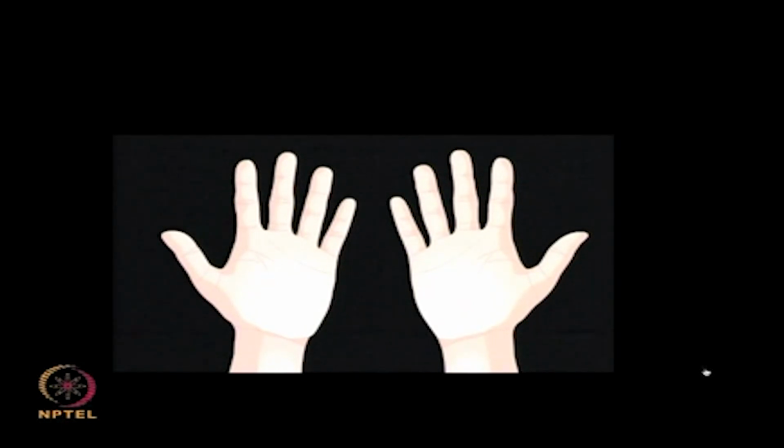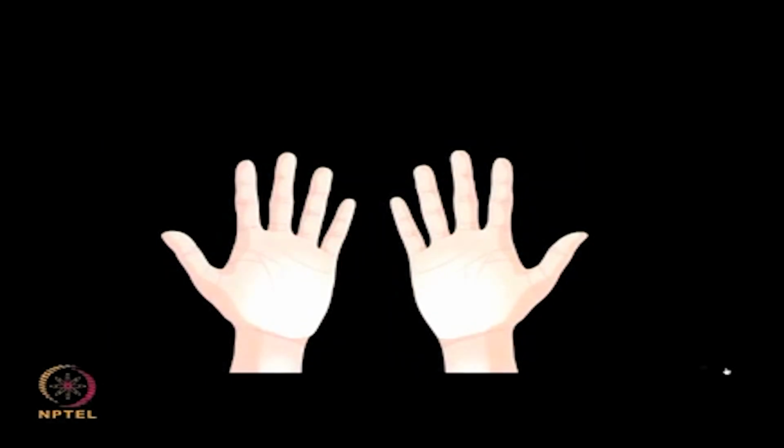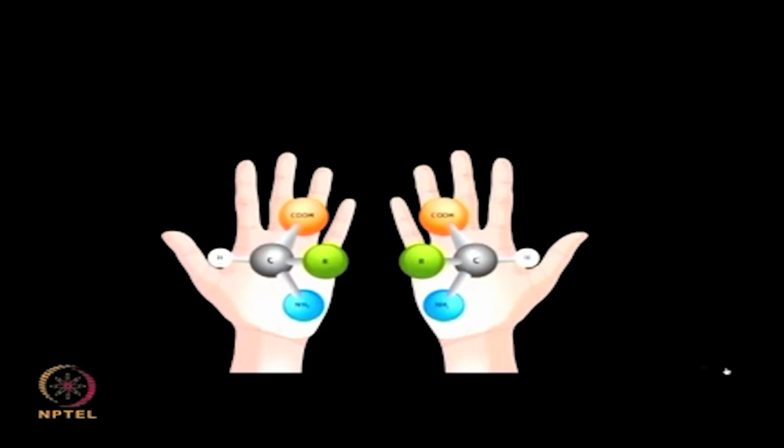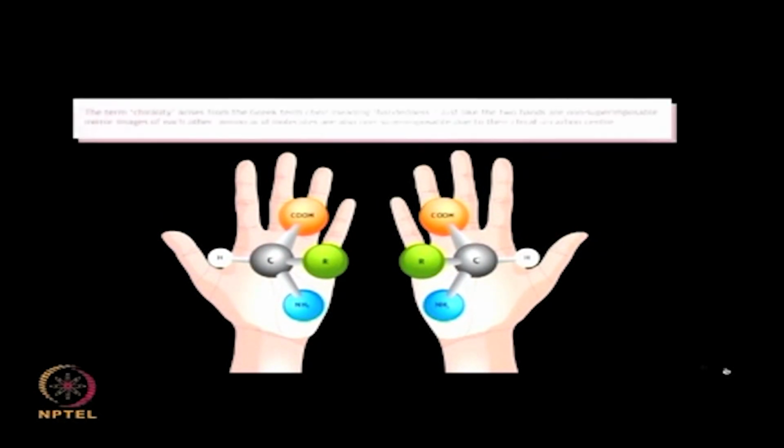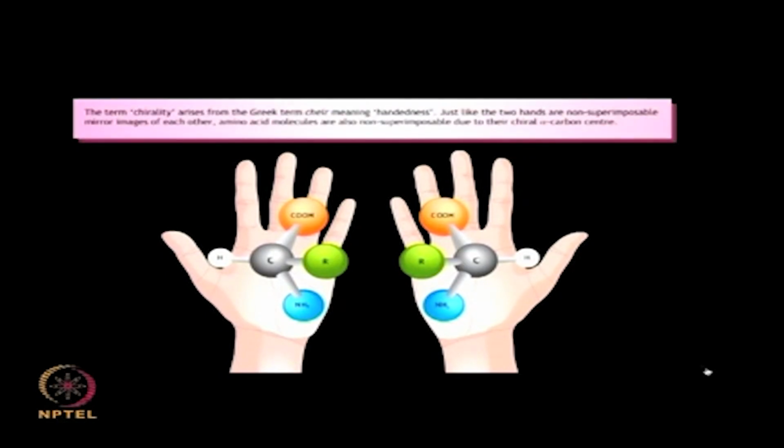Before learning about isomerism, let us first know what chirality is. The term chirality arises from the Greek term for hand, meaning handedness. Just like the two hands are non-superimposable mirror images of each other, amino acid molecules are also non-superimposable due to their chiral alpha carbon center.